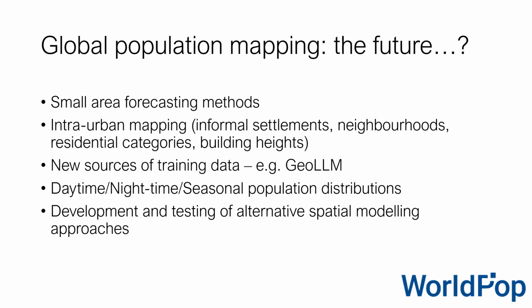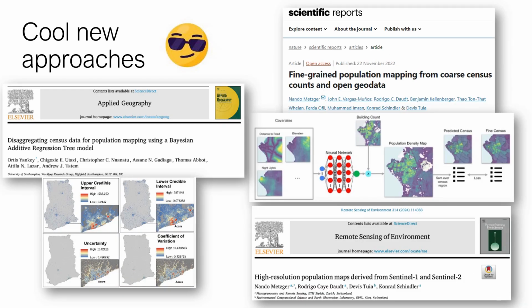And then there are a set of new approaches, some of which we've developed ourselves that we're testing, and some in collaboration with, for instance, ETH Zurich, who have done some nice work on estimating directly from satellite imagery to be able to more readily update those population estimates.